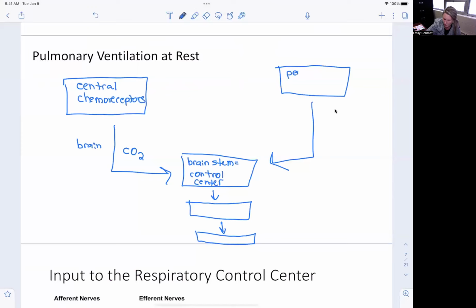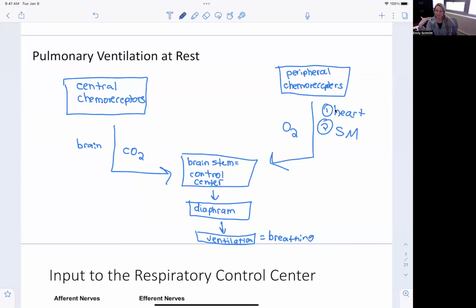We also have peripheral chemoreceptors that detect changes in oxygen in the heart and the skeletal muscle. Along with our control center, we also have our diaphragm, and then directly tied to our ventilation, or our actual breathing.